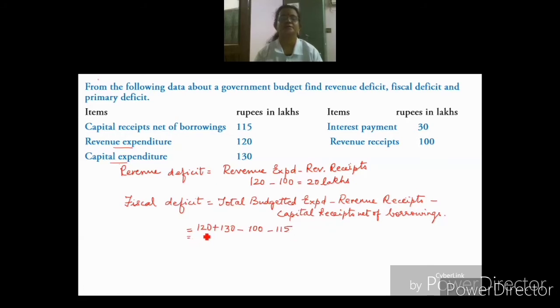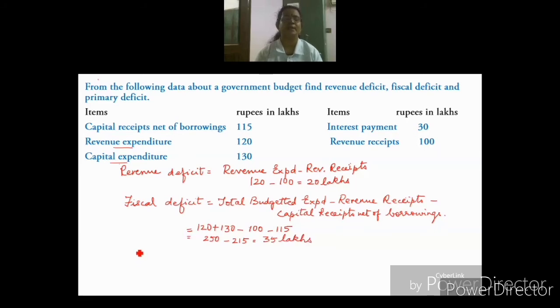So it is 130 plus 120, it is 250 minus 250. So this is 35 lakhs.